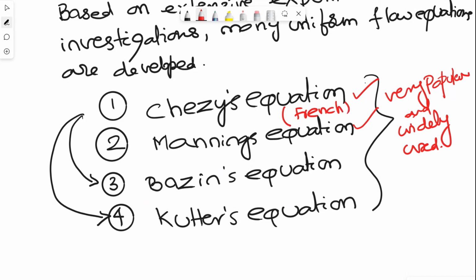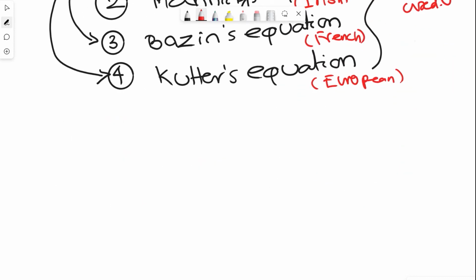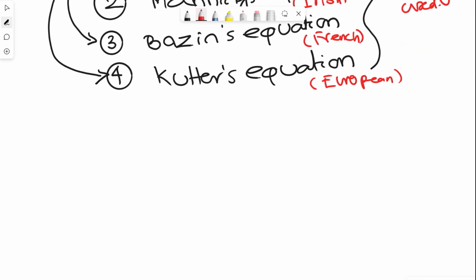Chezy is a French scientist. Manning is Irish actually, to my knowledge. Then again, Basin is French. Kutter is basically European. First Chezy's equation came, then Manning's equation. These two are very popular.